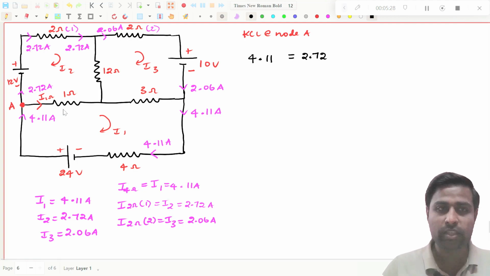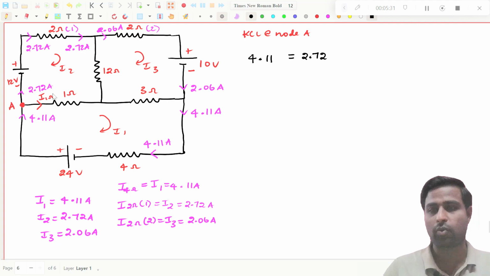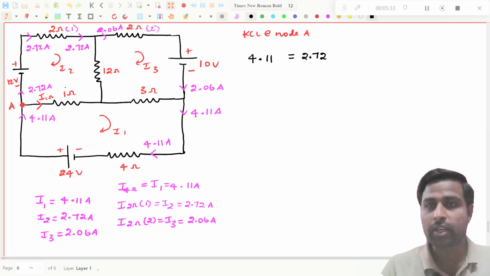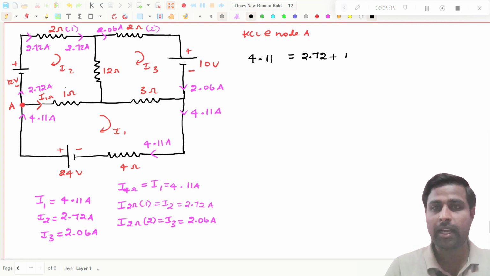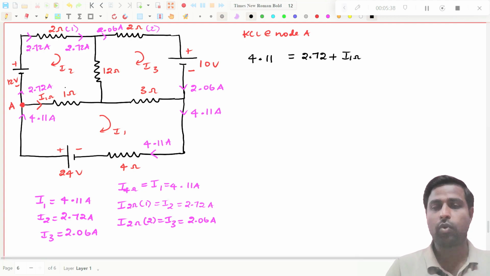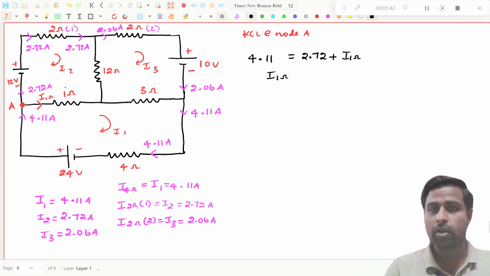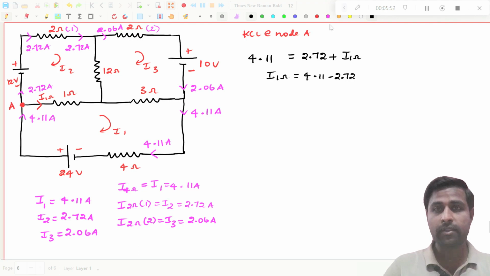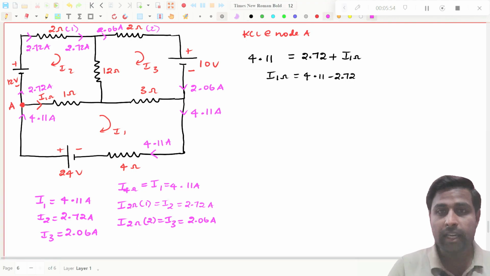Also, I through 1 ohm is leaving this node, going away, so I put it on the right hand side too. If I simplify this, I through 1 ohm will be equal to 4.11 minus 2.72, which gives I through 1 ohm equal to 1.39 amperes. That's all.